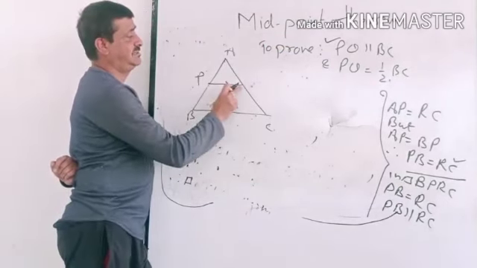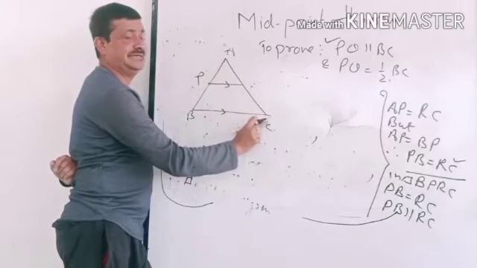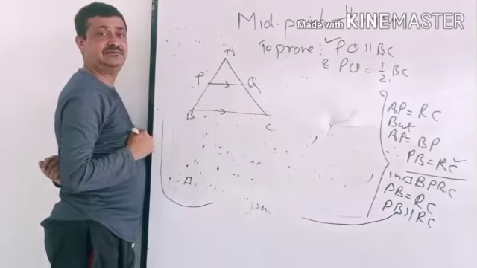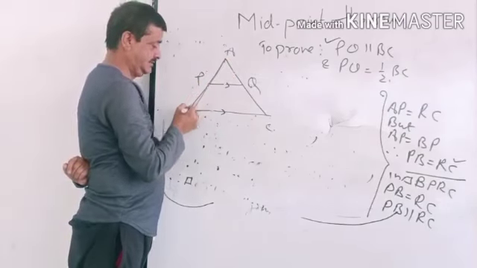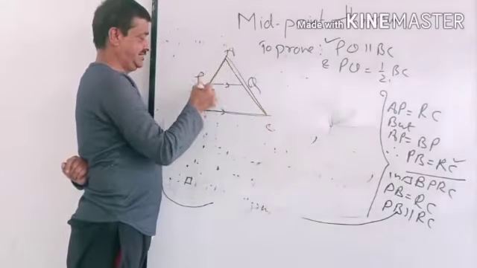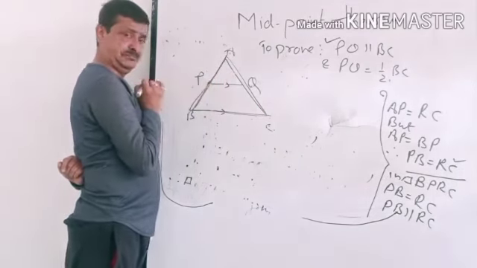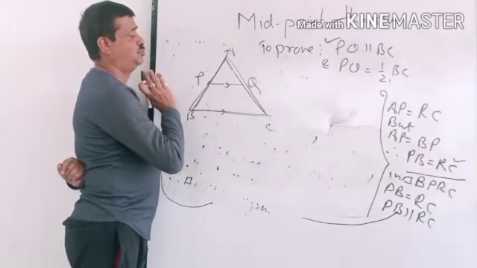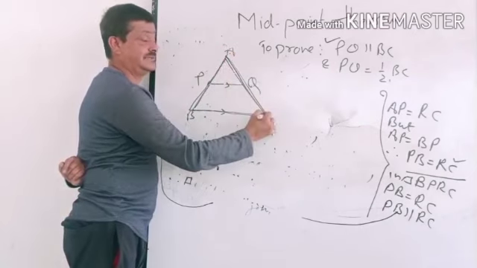It means it will bisect the third side, it will bisect AC, meaning Q will be the midpoint of AC. Understand? Once again I am repeating, in any triangle, from the midpoint P of side AB, a line parallel to BC is drawn, then it will bisect the third side.